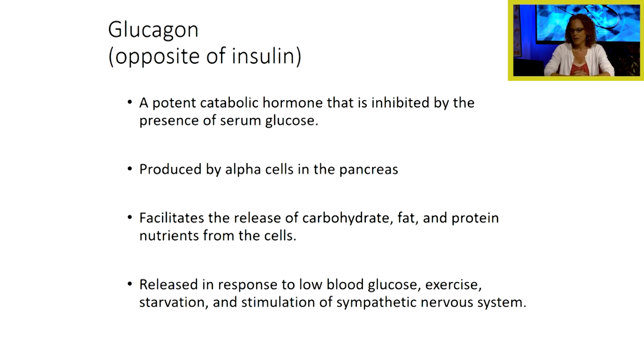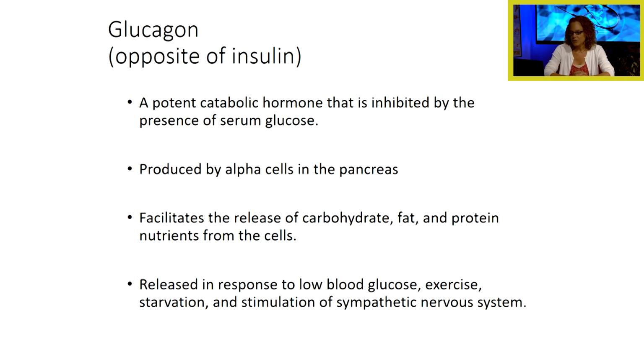Glucagon can be thought of as the opposite of insulin. It is a potent catabolic hormone. Catabolism means to break down, that is inhibited by the presence of serum glucose. And it's produced by the alpha cells in the pancreas. We mentioned that before.